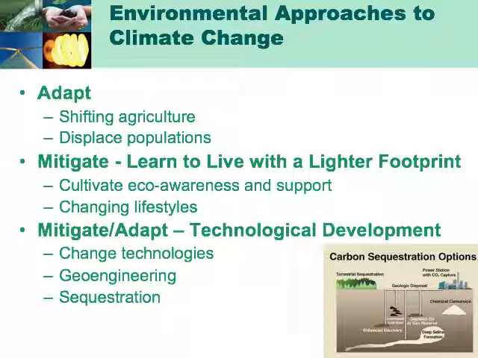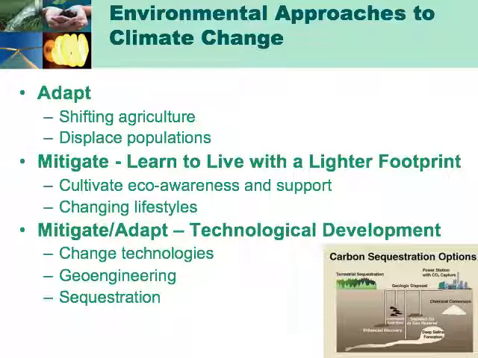For one, we can mitigate by learning to live with a lighter footprint. By cultivating eco-awareness and supporting movements that reduce our carbon footprints, this will ultimately lead to a healthier planet. Technological development is a part of this solution as well.